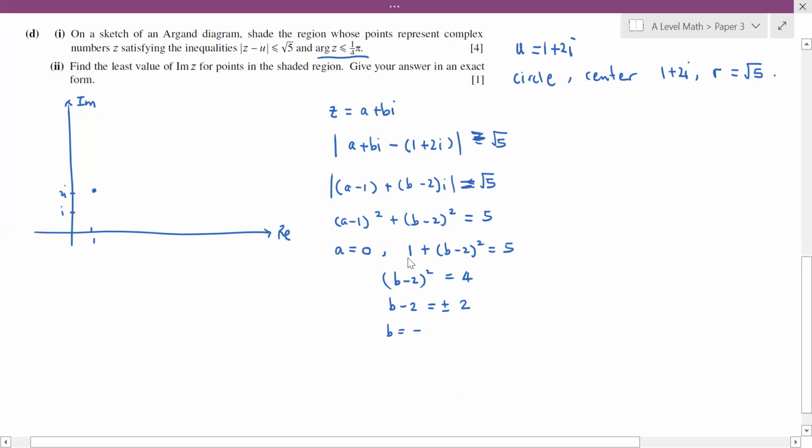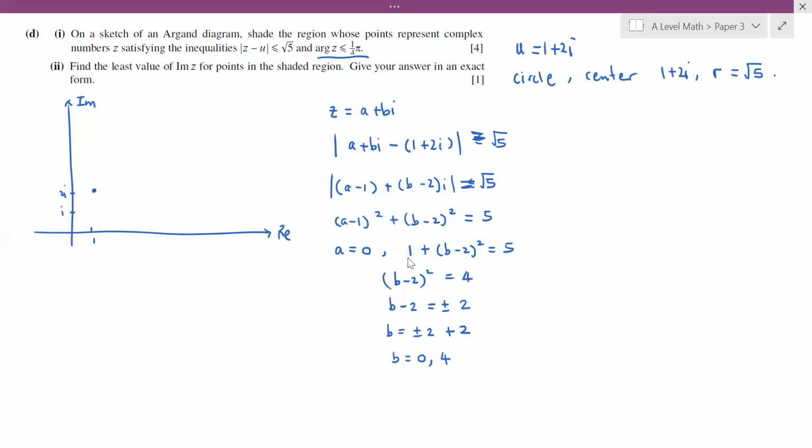So b is plus or minus 2 plus 2. Minus 2 plus 2 is 0, and 2 plus 2 is 4. So the intercept on the imaginary axis, the vertical intercept, is 0 and 4. So it intersects here 2i, 3i, and then 4i. The circle is going to intersect the imaginary axis here.